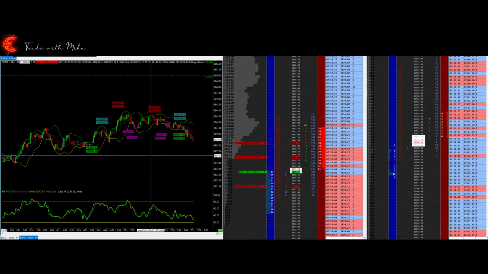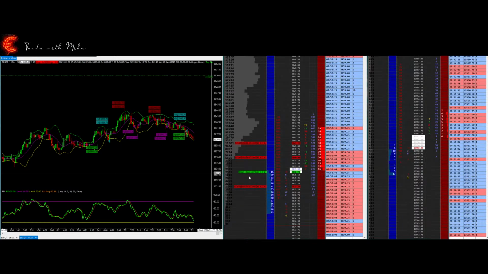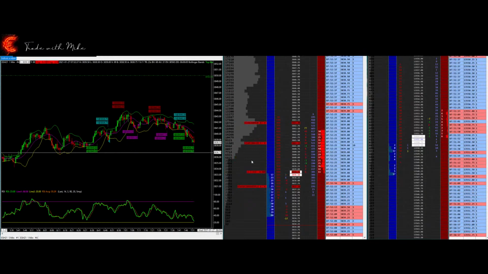But if you have proper risk management and the stops are tight, then why not take the risk? Sometimes it might pay off very well.